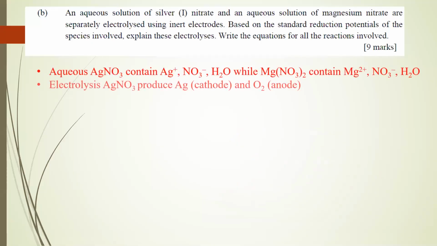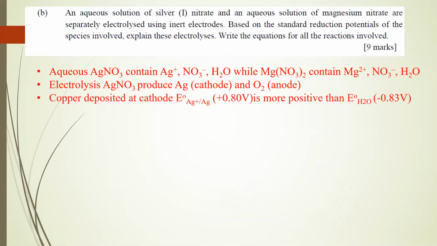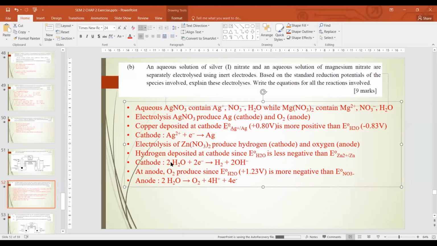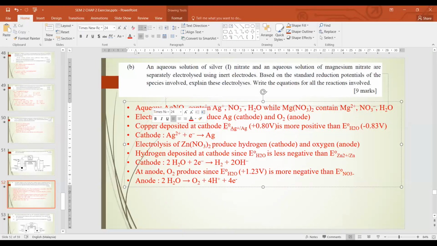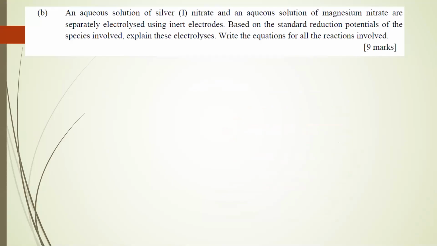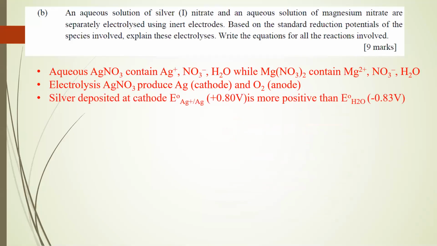Electrolyzing silver nitrate will give silver at the cathode and oxygen at the anode. Silver is silver, not copper. Silver is deposited at the cathode because its E naught value is more positive than that of water. So the half equation at the cathode is Ag plus, not Ag2 plus.